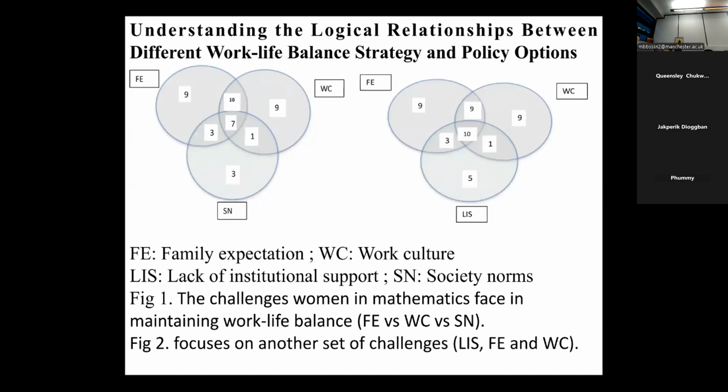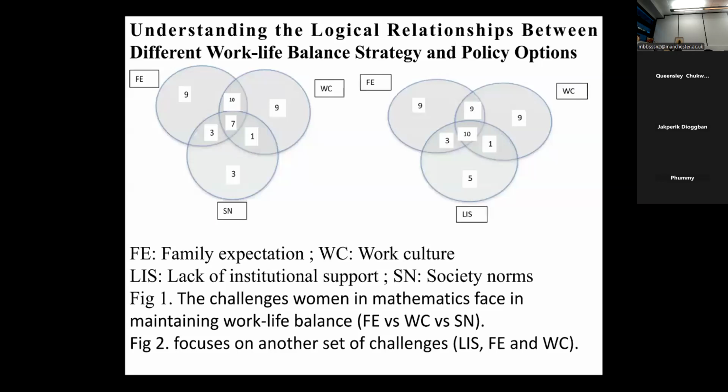In the first Venn diagram, family expectation and work culture remain dominant challenges women are facing, accounting for 19.15% of responses. And when combined with family expectation and work-life balance, it increases to about 21.28%, which indicates a strong overlap in challenges of many individuals.